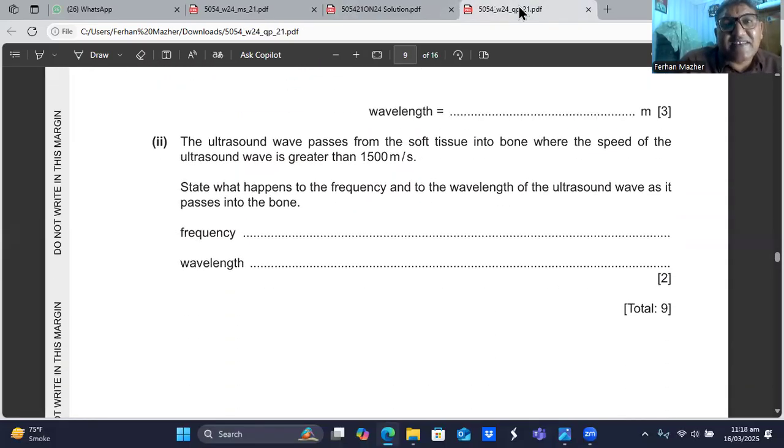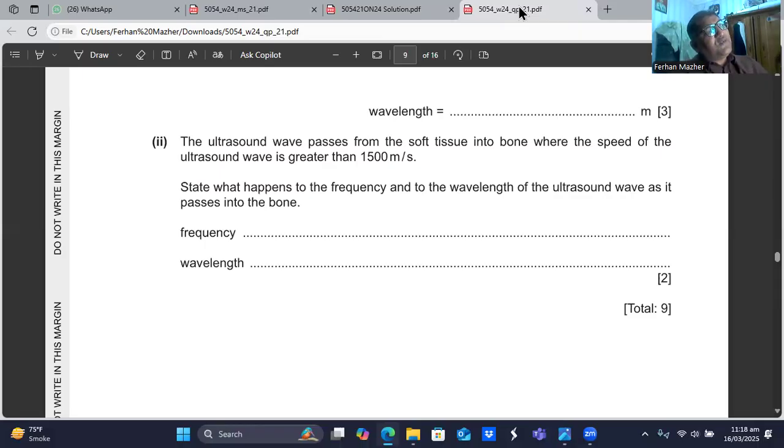Okay, then he says the ultrasound wave passes from the soft tissue into bone, where the speed of the ultrasound wave is greater than 1500 meters per second. State what happens to the frequency and to the wavelength of the ultrasound as it passes into the bone. You see, because we are talking about sound waves, their behavior is a little different than light waves.